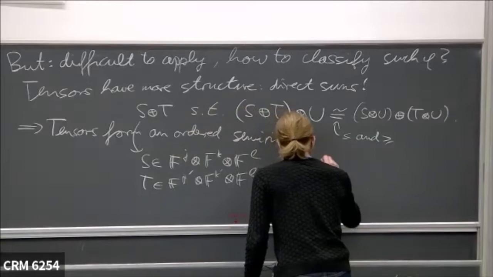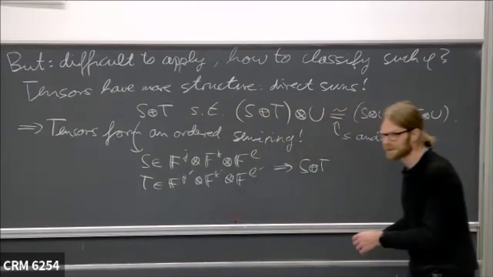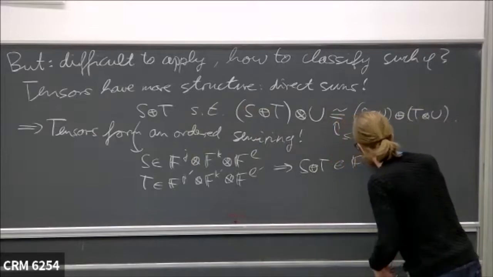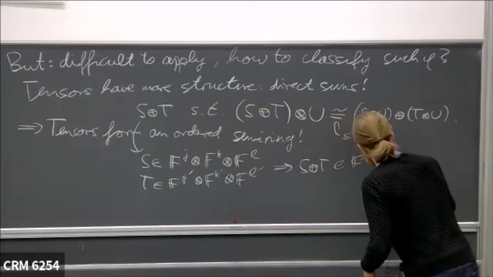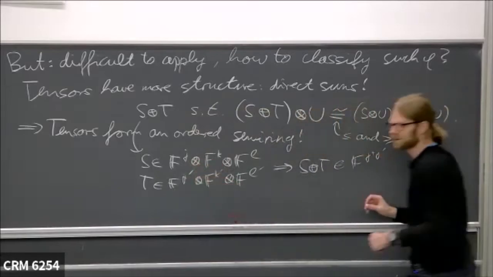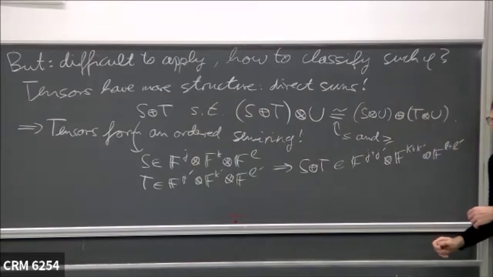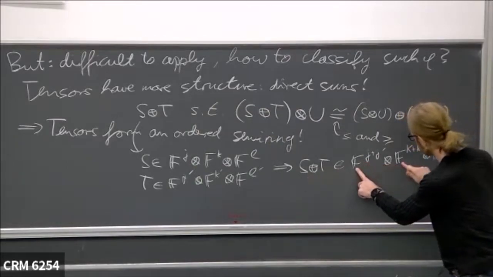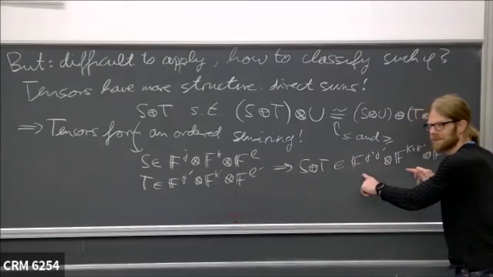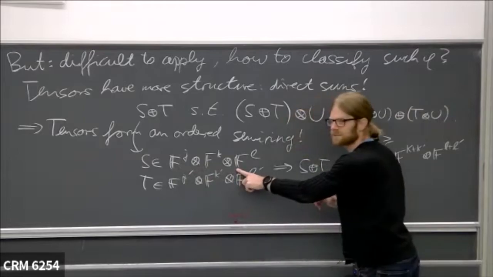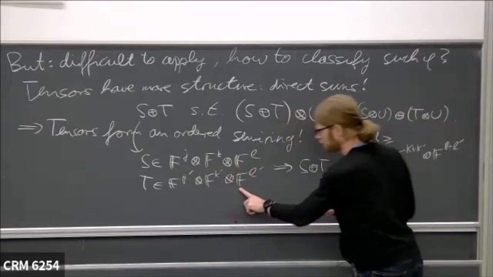Then S direct sum T is going to be an element of a space where, just to indicate how the direct sum works, the local dimensions add up. And the idea is that when we multiply these out, we use S on this direct summand, and we use T on this direct summand.